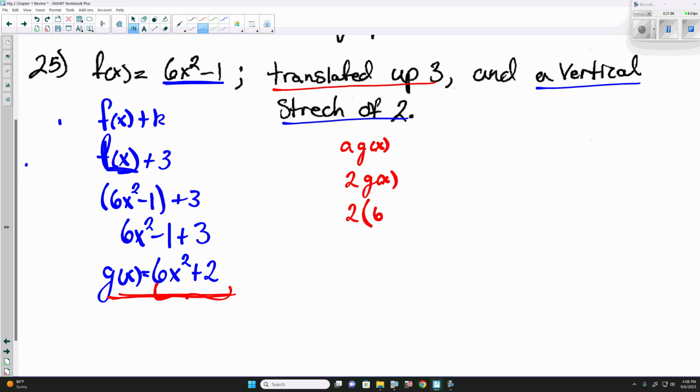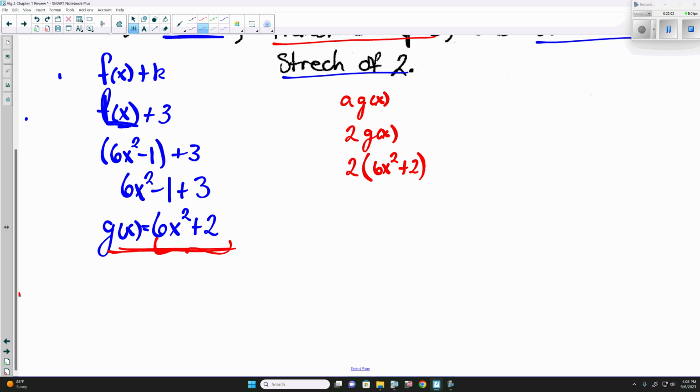So I replace g of x with its function, 6x squared plus 2, and we distribute through. So we'll do 2 times 6x squared and 2 times 2. Well, 2 times 6 is 12, and we still have the x squared plus 4. And this is our final function. Now, we can give it a name.